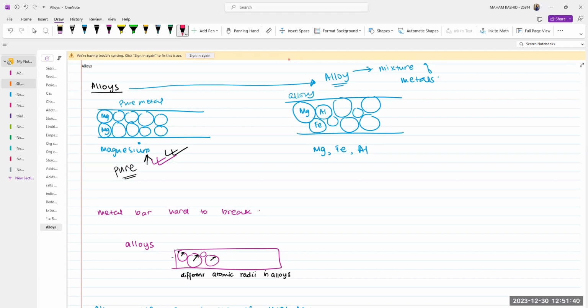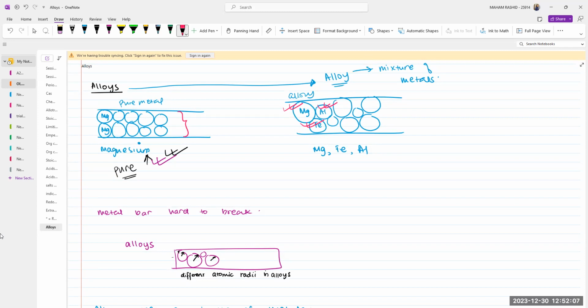Because you have different sorts of metals and all of these have different strengths, right? Magnesium has different strength, aluminum has a different strength, iron has different strength, right? So all of these three metals combine to give you a strength that is higher than the strength of your individual metal, right? So this is another reason that you use alloys, right?